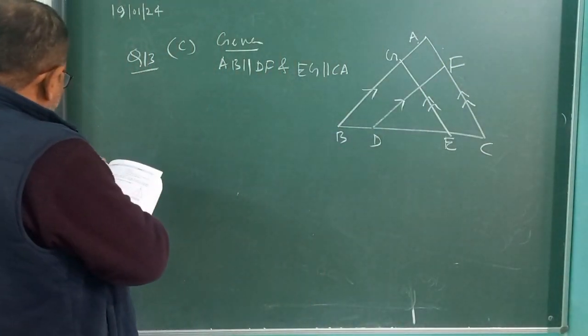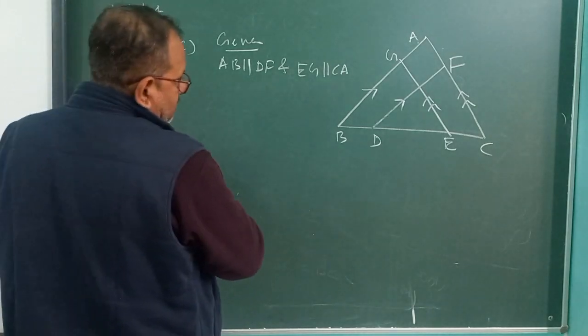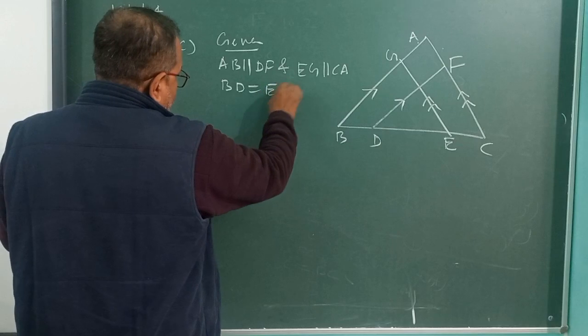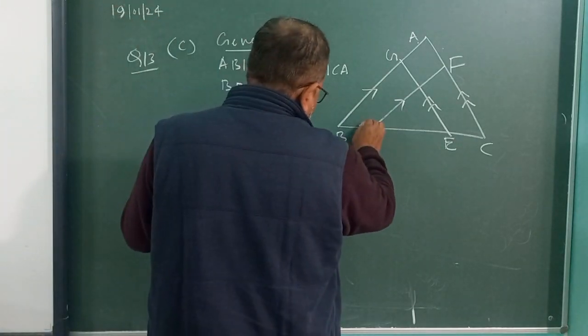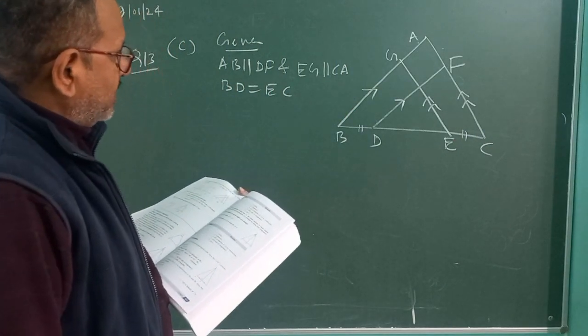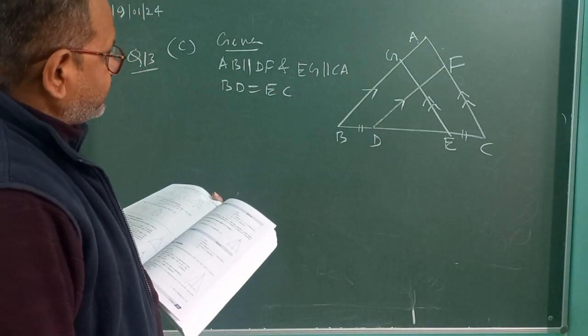We have BD is equal to EC. It is also given. BD and EC, these two sides are equal.